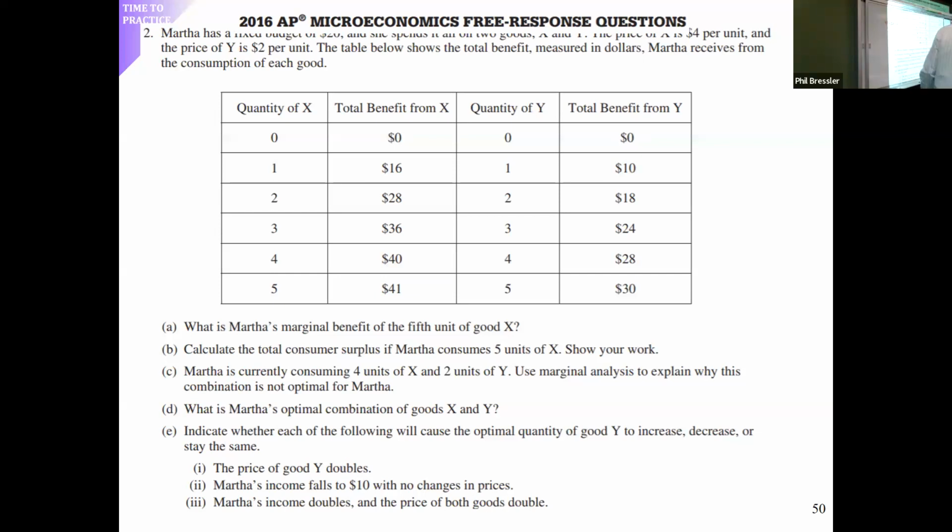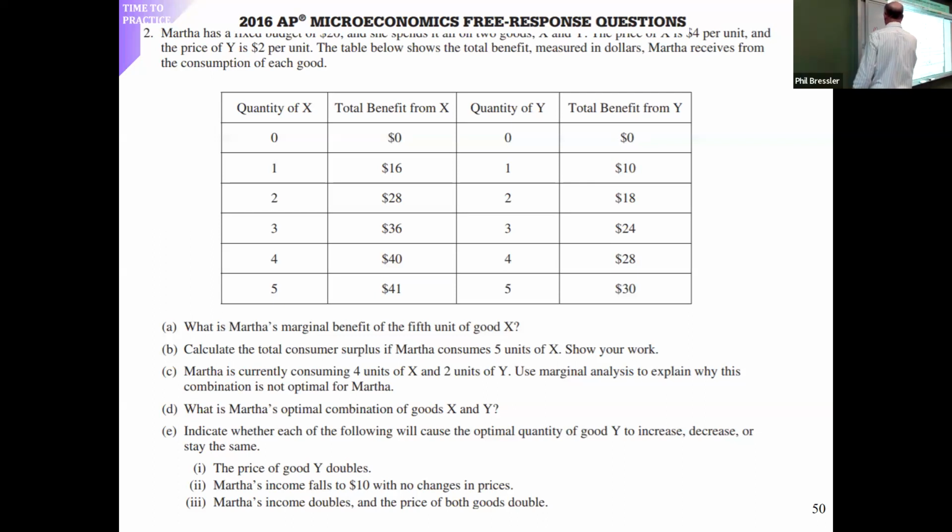Martha is currently consuming 4 units of good X and 2 units of good Y. What's the formula when you see these maximizing utility? Marginal benefit over price. Right.